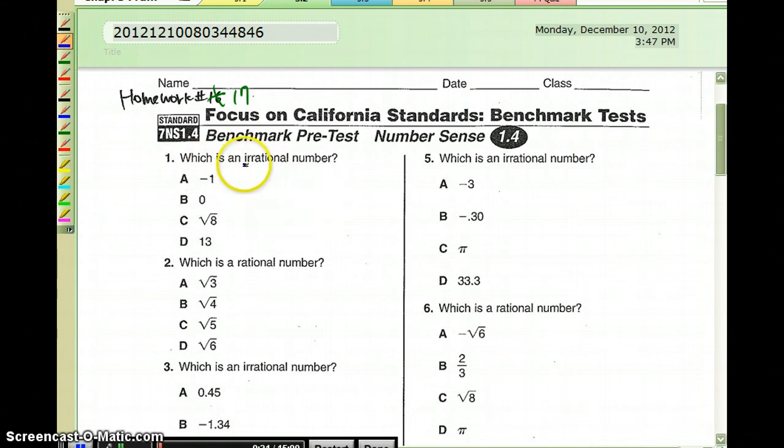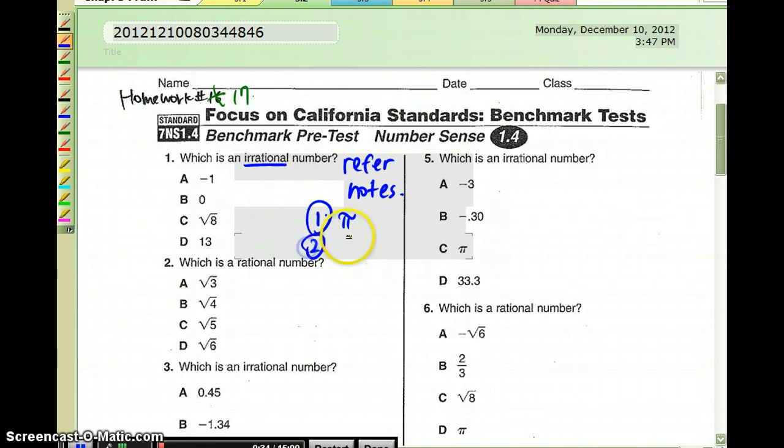Number 1, an irrational number. Please go ahead and refer to your notes from today in class. If a number is irrational, we said that it could be two things. One, it could be pi, or two, it could be not a perfect square root.